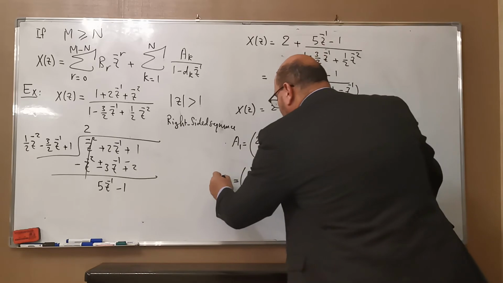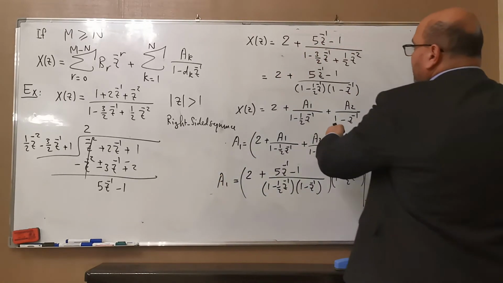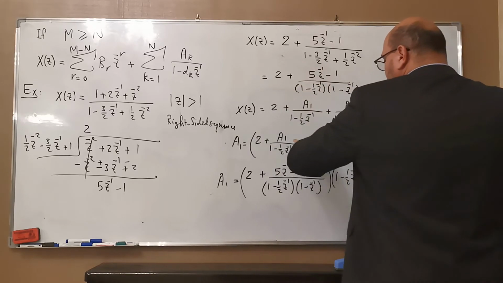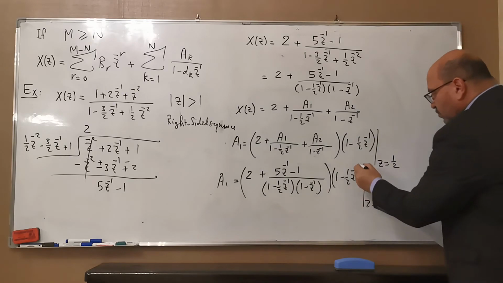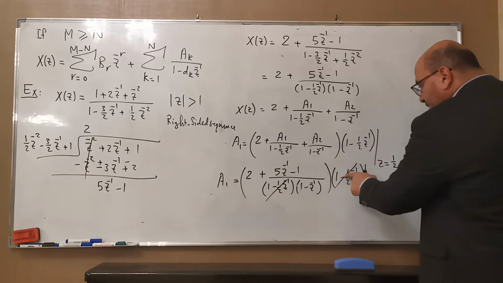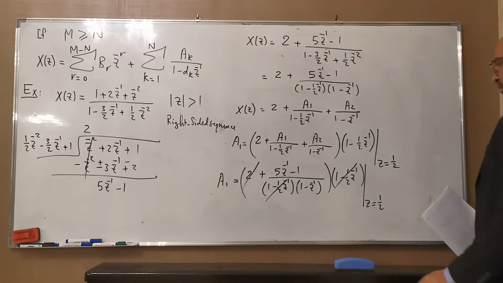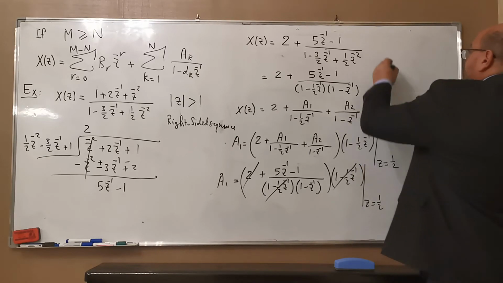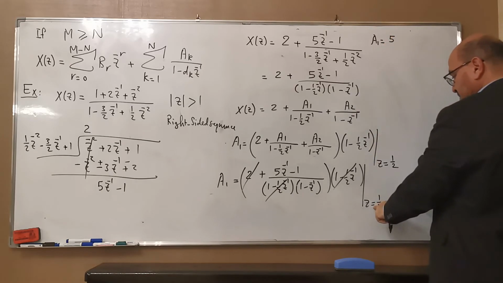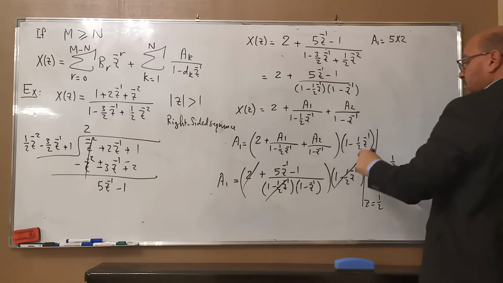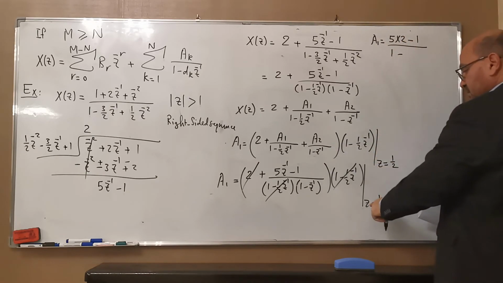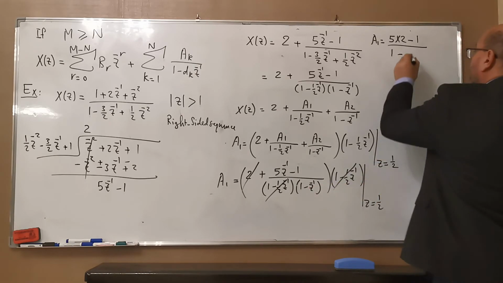This is also equal to A1. So this one will cancel with this one, and we end up with A1 equals (5 times z inverse, which is 2, minus 1) divided by (1 minus z inverse, which is 2).